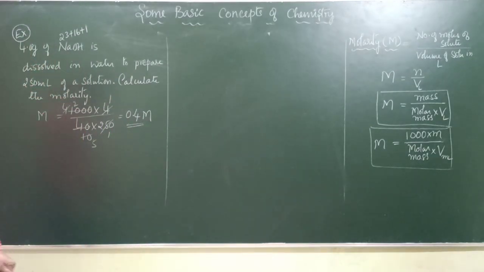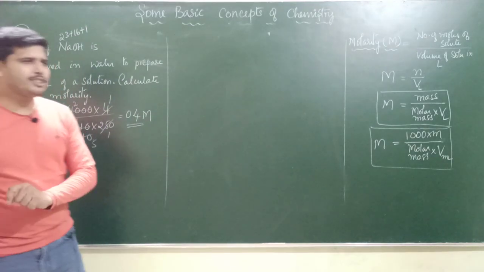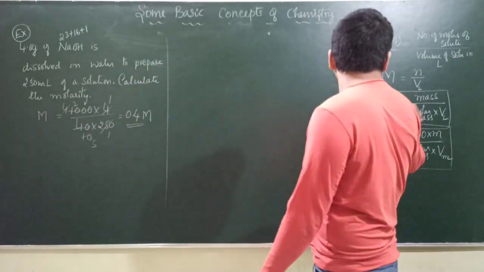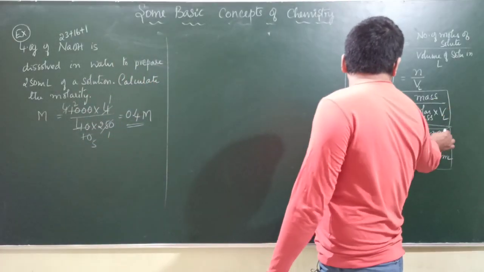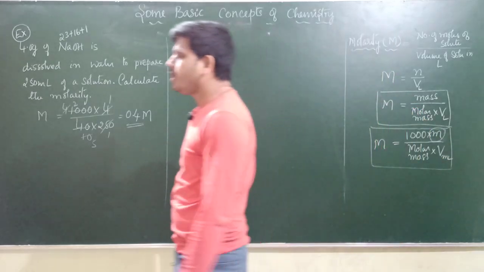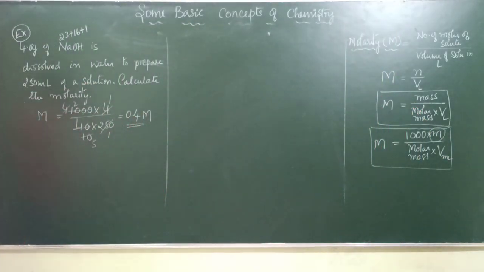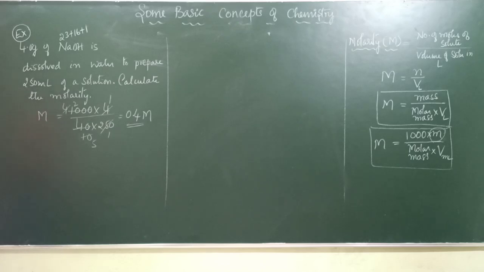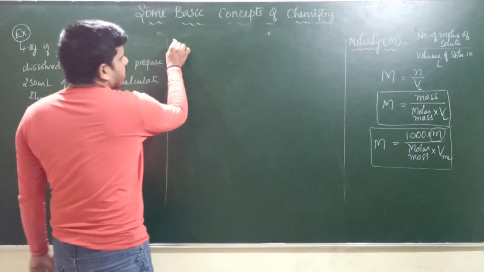So the other problem is like this: let us calculate the mass of a substance dissolved in a particular solution. How many moles or grams of HCl is present in 250 ml of 0.5 molar HCl? Calculate.